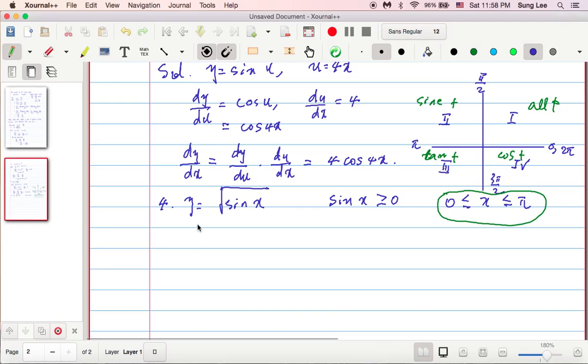So that's a little detail, but we get back to finding the derivative of this. Again, you don't see parentheses or brackets, but the innermost one can be easily identified, which is the one inside the square root. That's going to be our u. So y equals square root of sine x is a composite function of the following two functions: y equals square root of u, and u equals sine of x.